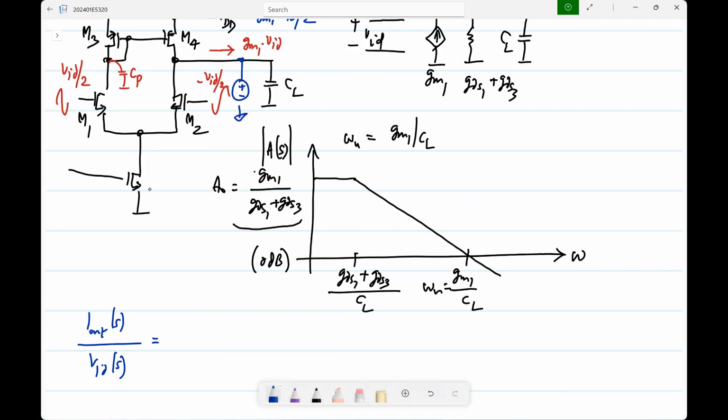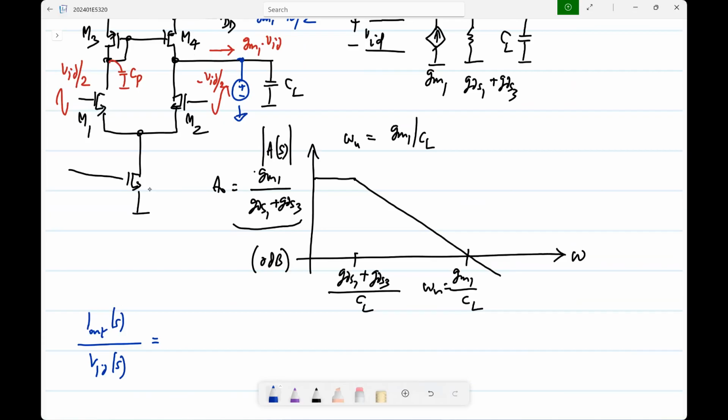So where is the pole? What is the pole frequency? How do you calculate the pole when you have only a first order circuit? You have one capacitor finally, and you have to look at the effective resistance across that capacitor. What is the effective resistance? Let's forget GDSs again. 1 by GM3.